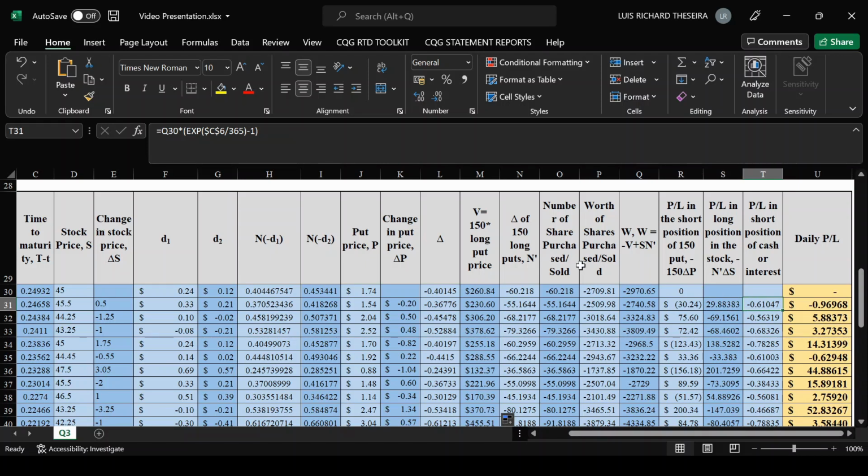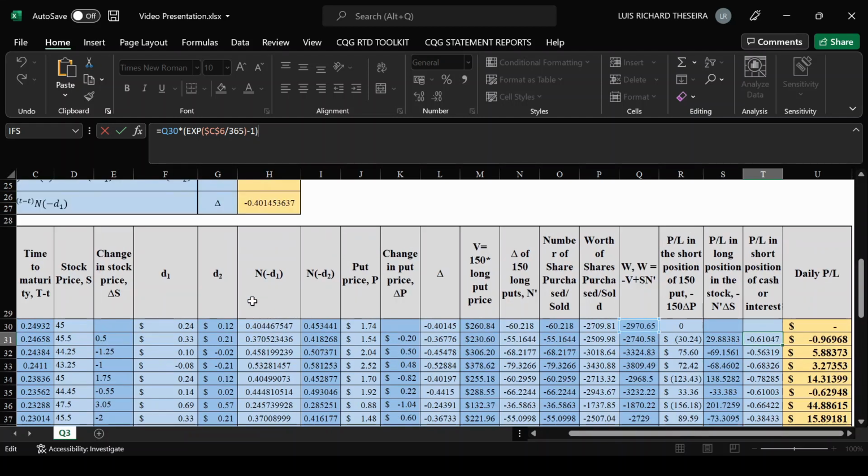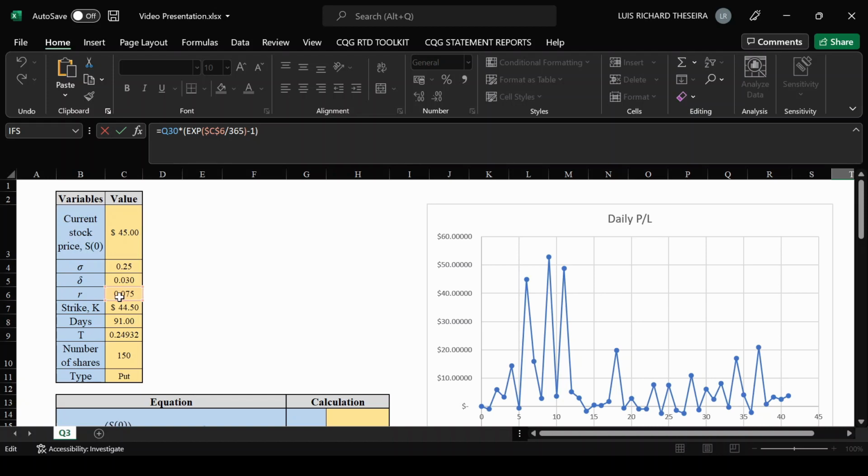The profit or loss in the short position will be the W of the day before multiplied by the exponential of the risk-free interest rate divided by 365, to put it in years, minus 1.